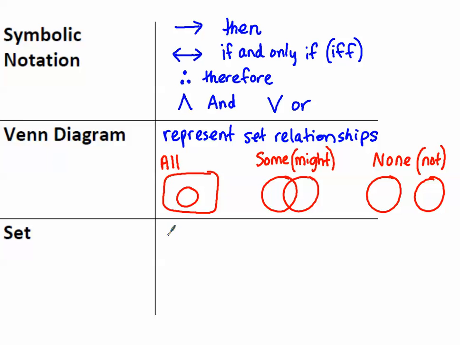So it's the collection of objects, maybe the collection of numbers, or the groups that are being compared, such as the Redskins and the Cowboys in my previous example.